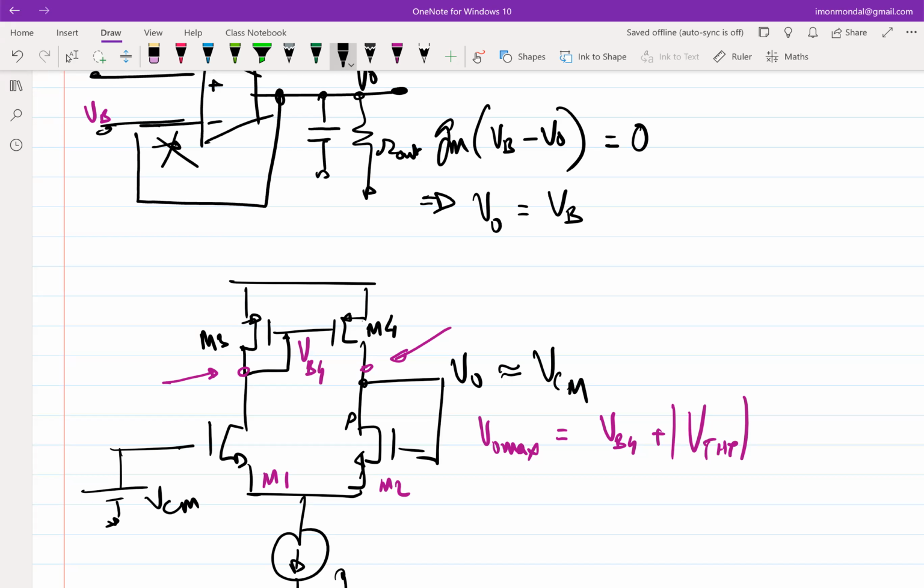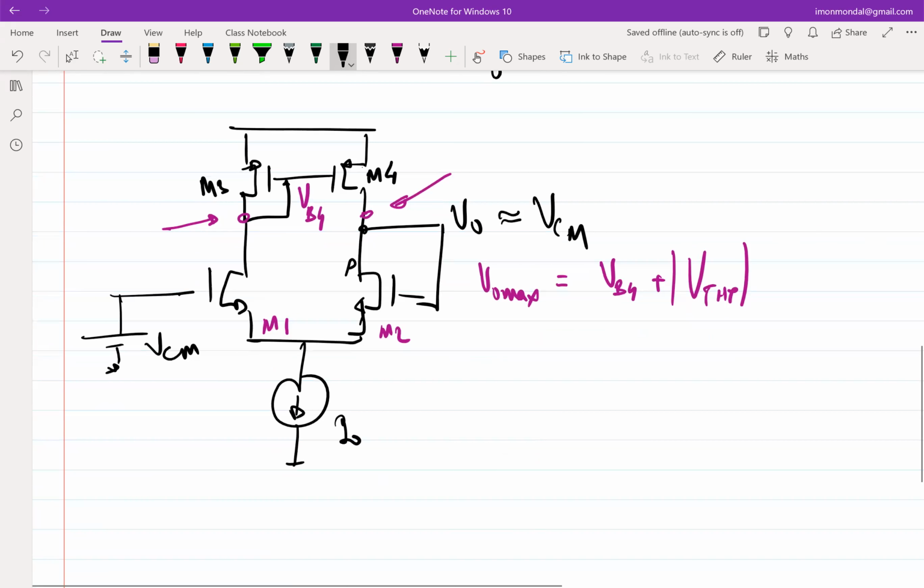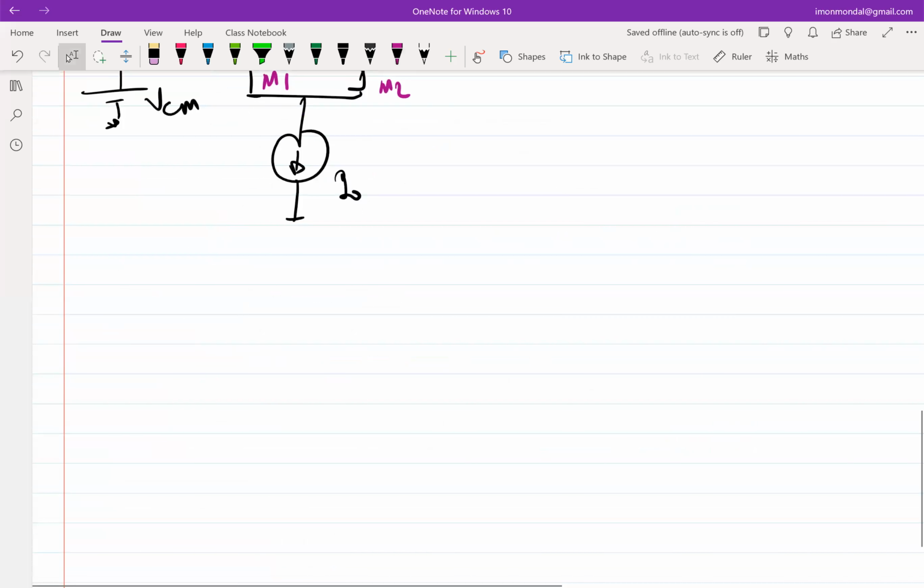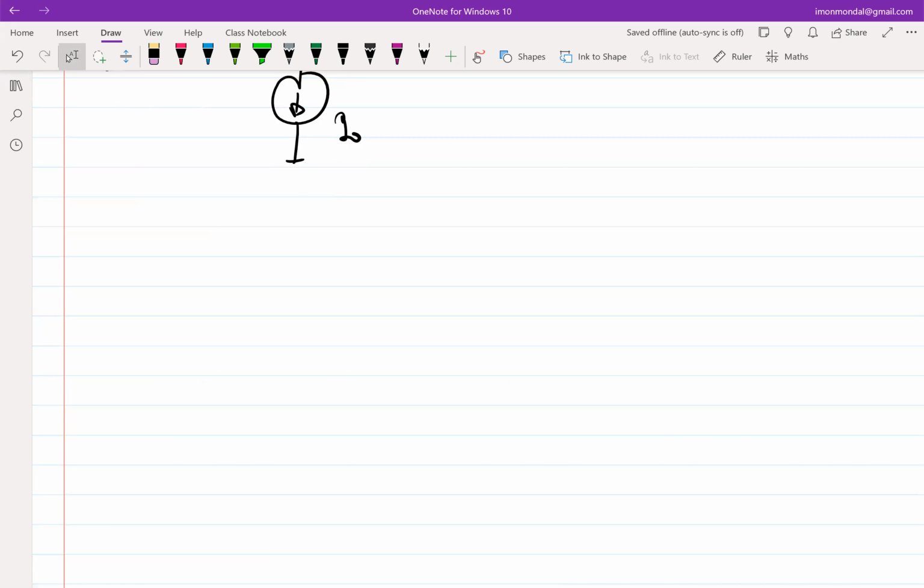Okay, fine. So if there's none on this, let's move to the next agenda. We have done differential gain, we have done common mode range, but we have not done common mode gain for this structure. So let's do the common mode gain for this structure.